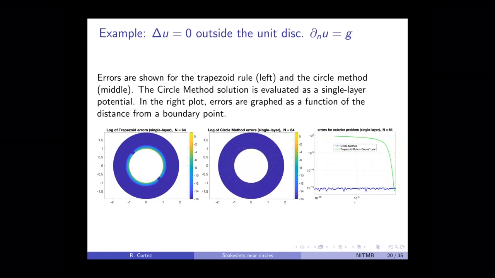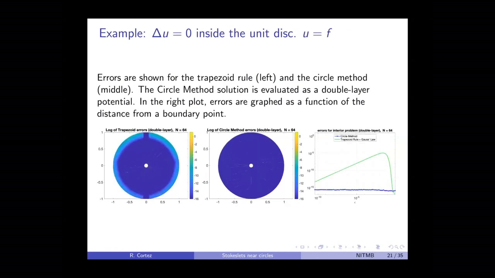Okay, if I do the internal problem, almost all the way in, I didn't quite compute it all the way in, something similar happens. The trapezoid rule also has a problem, although curiously, as you get closer and closer to the boundary, look, this is 10 to the minus 10 away from the boundary, so you're very close to it, the error is going down also for the trapezoid rule.